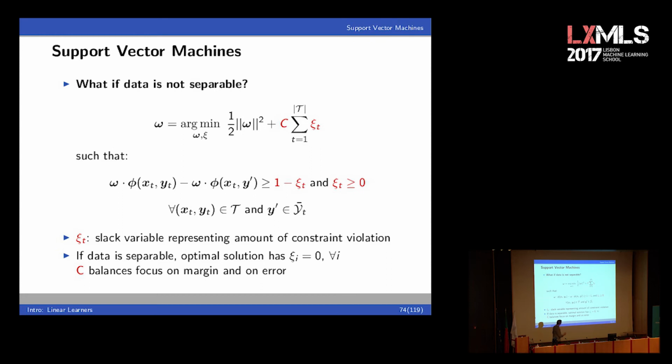And in the objective now, in this minimization problem, we have to maximize the margin and we have to minimize the error, right? And you can have a trade-off between minimizing the error and maximizing the margin by this variable c.